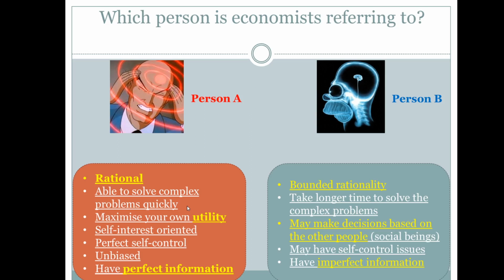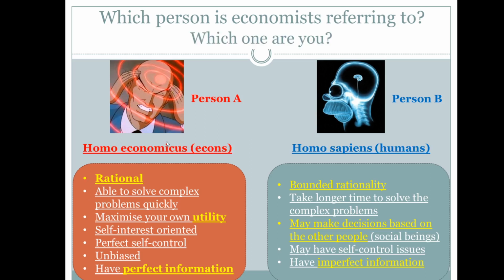That's what normal human beings would do. But for econs, they don't need it. Because we assume, if you are one of them, you can solve a complex problem very quickly. And that's why, from the beginning until now, we are always defying the existence of this kind of person, because they cannot exist.